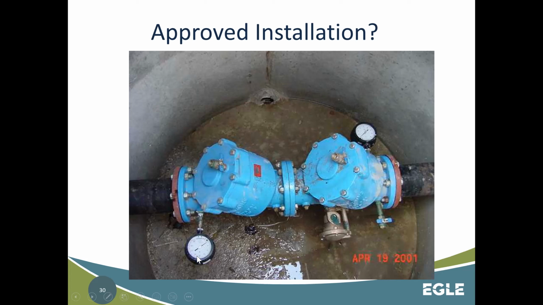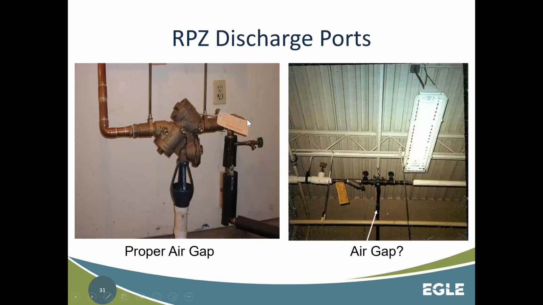And the other thing you see here is, in all the pictures of RPZs I've shown you, have you seen one with pressure gauges on it? Well, sure, just rip the relief port out and put a pressure gauge in there, and we can check ourselves if the pressure's good or bad. They're supposed to be random, David, just so you know.